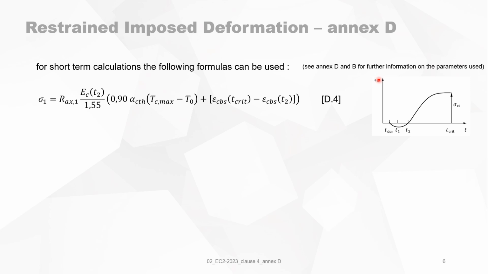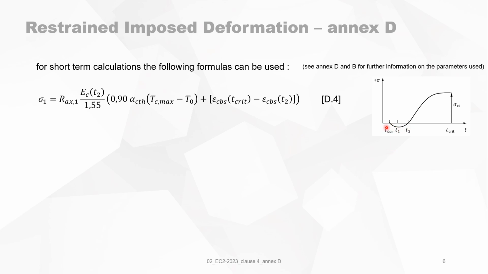Now, when we take the tensile stress in the concrete as a function of time, you will see that when the concrete is freshly poured, in the first couple of hours the stress in the concrete is positive when there is restraint deformation, because there is hydration heat, the concrete wants to expand and creates pressure.